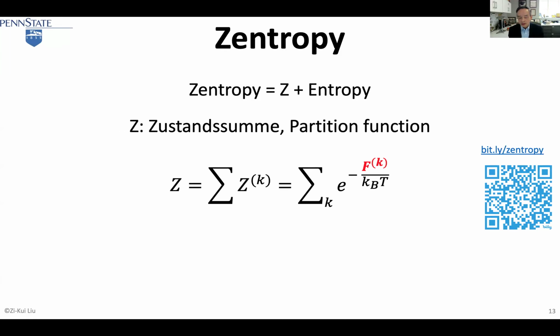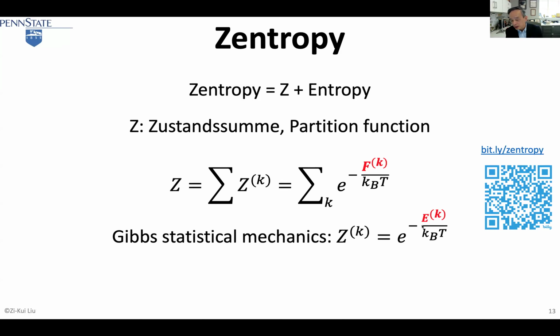So if you write the entropy as a function of the partition function, then you get F. Okay, basically now you have E. If you take the classical one like Gibbs and Shannon, you have E here as energy with no entropy. So F is basically E minus TS. So you get each configuration's entropy into consideration.